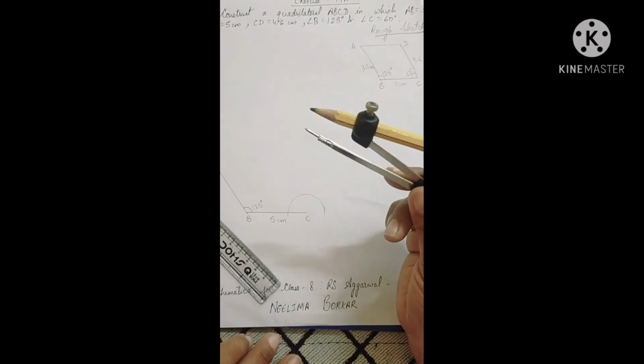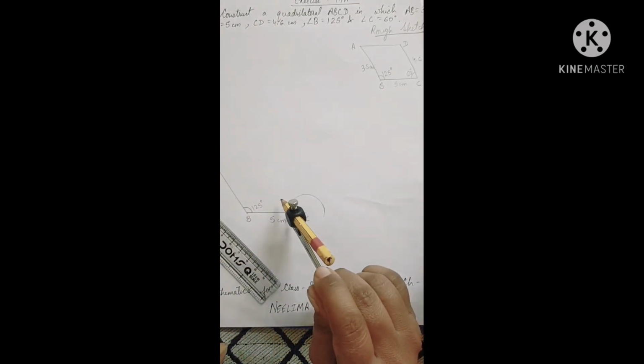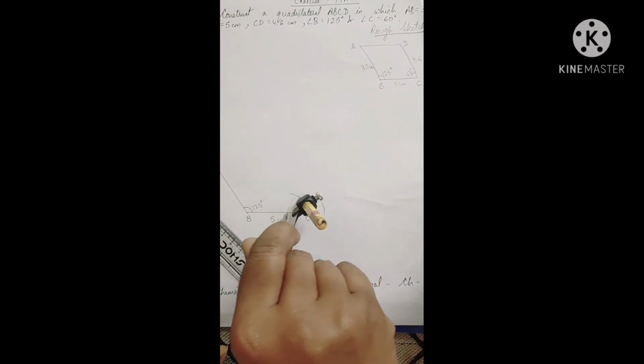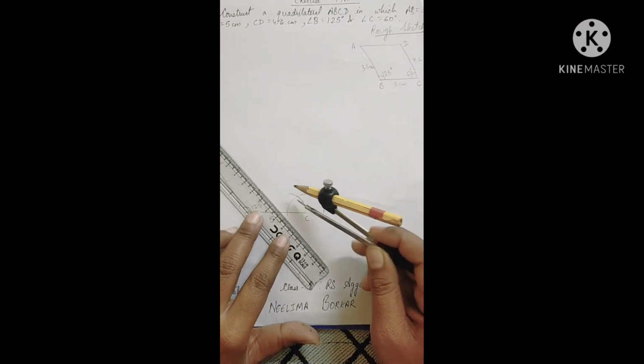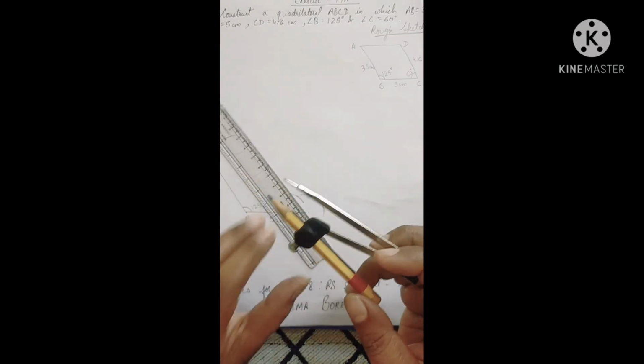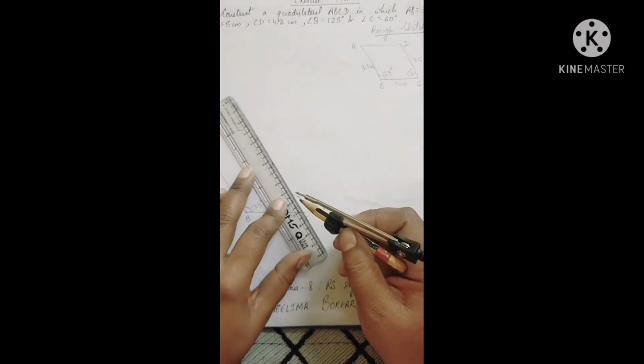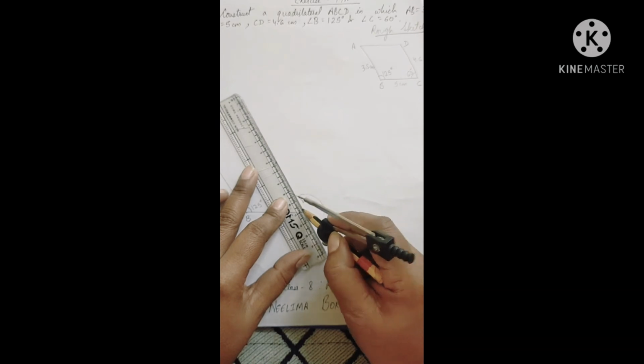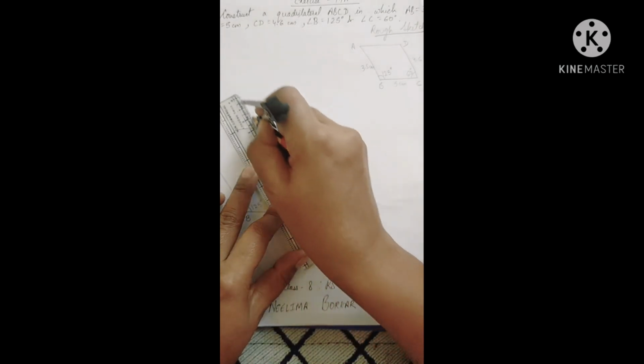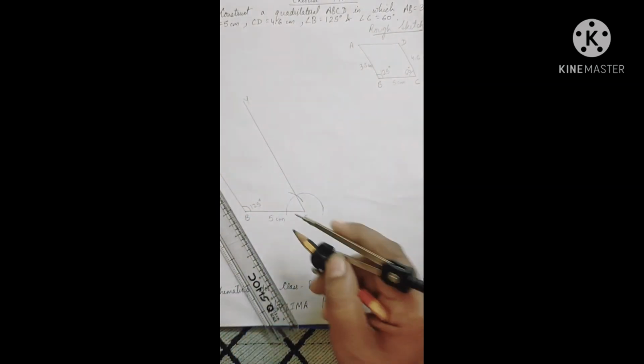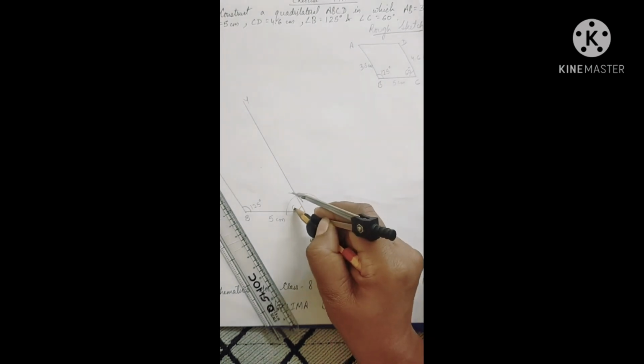With the same radius you put center over the point where this arc and BC line has cut, and put an arc here. Now join this point C and this arc, and extend it somewhat bigger and name it Y. So YCB is 60 degree.